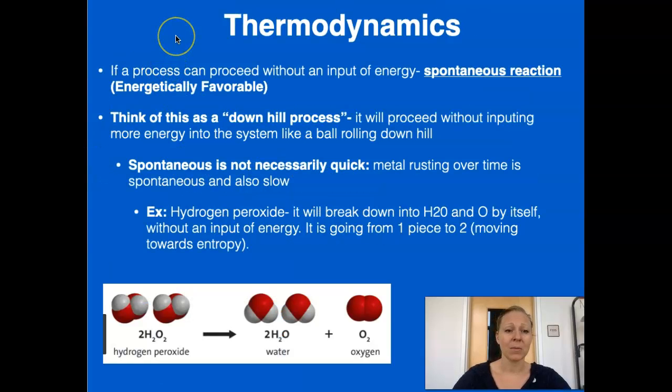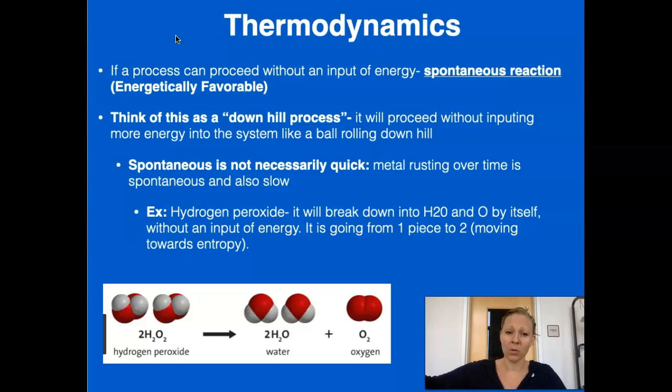And so in thermodynamics, if a process can proceed or a chemical reaction can proceed without an input of energy, we call this a spontaneous reaction. This is energetically favorable. So let's think of a downhill process. If you were to roll a ball down a hill, it will proceed.